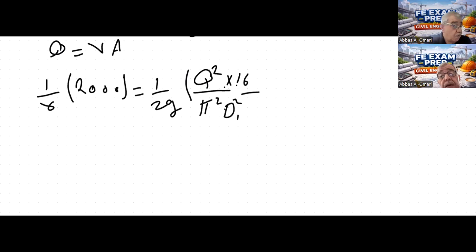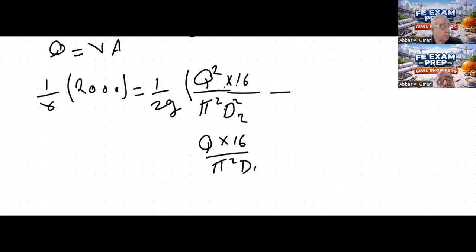Now V is Q over A, so V1 square is Q square over A1 square, which is pi square D1 to the fourth over 16, so Q square times 16 over pi square D1 to the fourth, minus the same term for V2 with D2. So this is the equation.